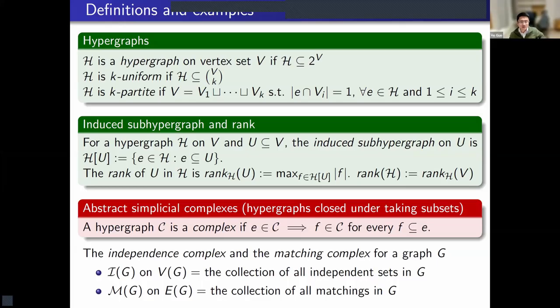Then we can move on to a special class of hypergraphs, which we call abstract simplicial complexes, or just complexes.